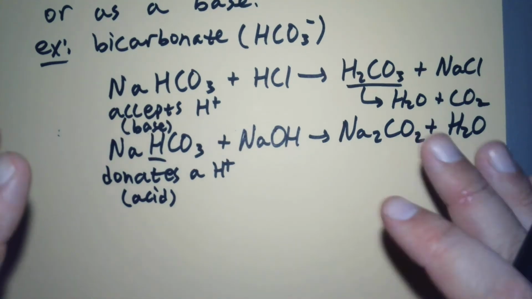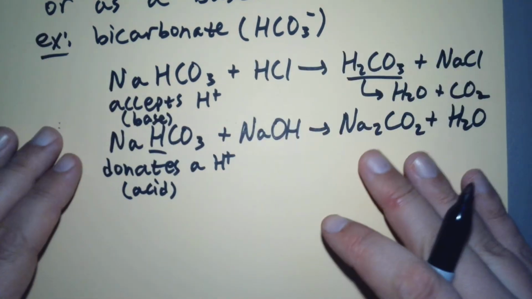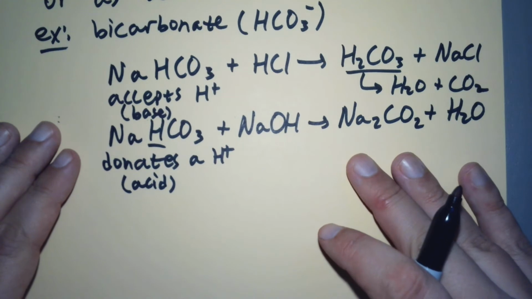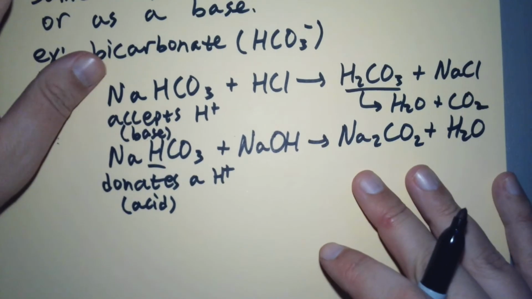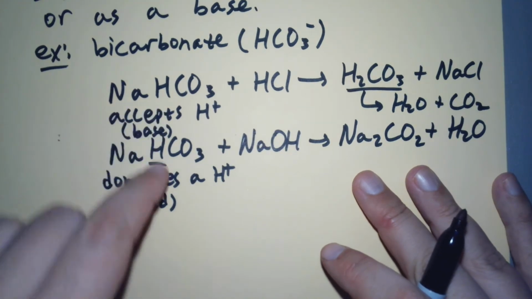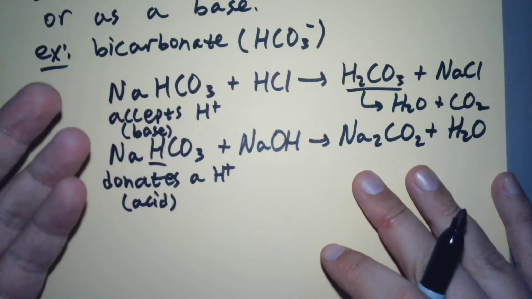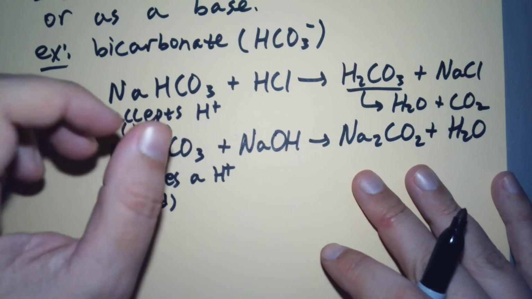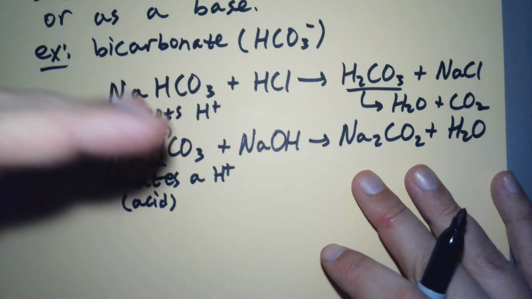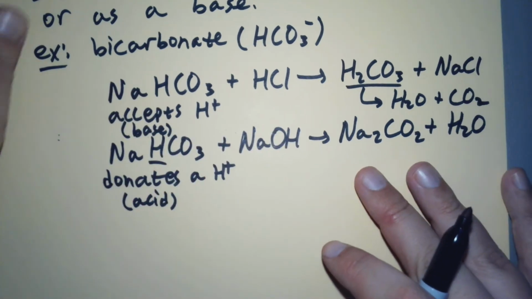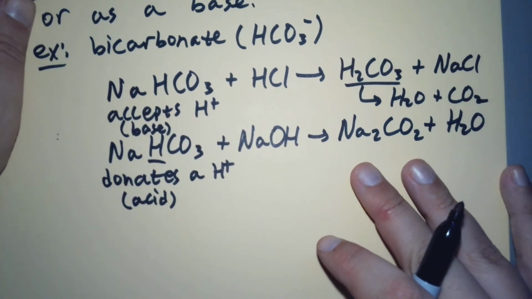So all these topics are related in all sorts of fields. In addition to pools, I'll also add that this is the key to our buffer system in our bloodstream. Remember how I talked about it being a tightly controlled pH? The fact that this can accept or donate protons helps level out those changes. But we'll get into more detail on that later.